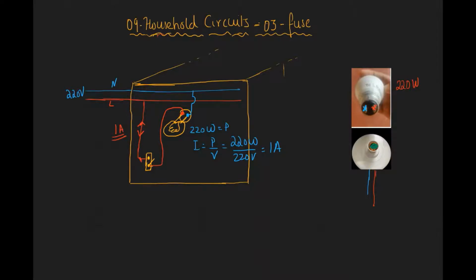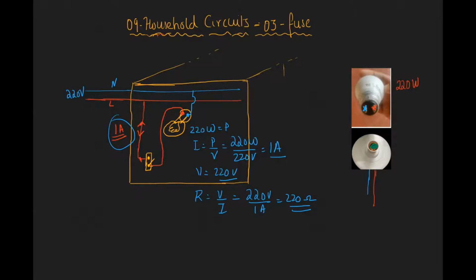You know your V is 220 volts and I is 1 ampere, so R is V by I, which is 220 volts by 1 ampere. That's 220 ohms, right? So you connect a 220 ohm resistance across the 220 volts, you will get 1 ampere, right? So that's what it means.